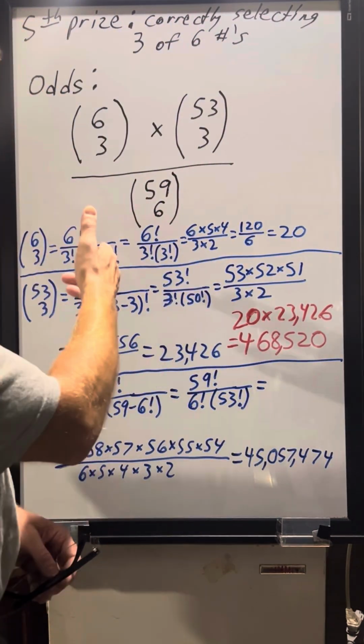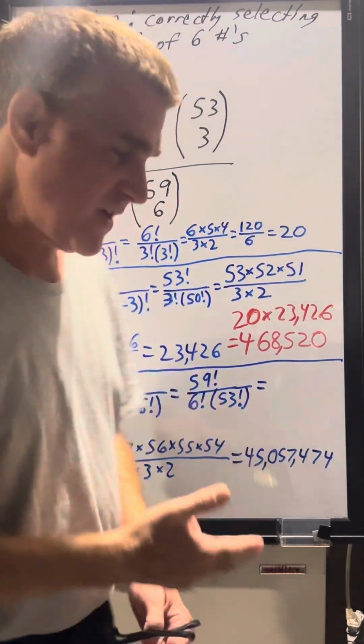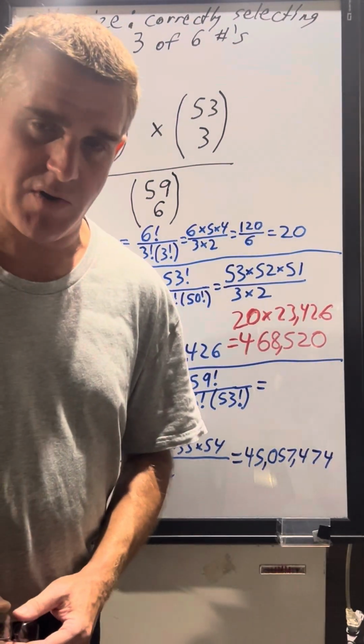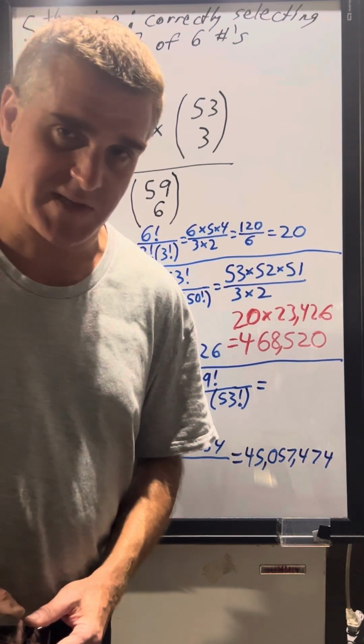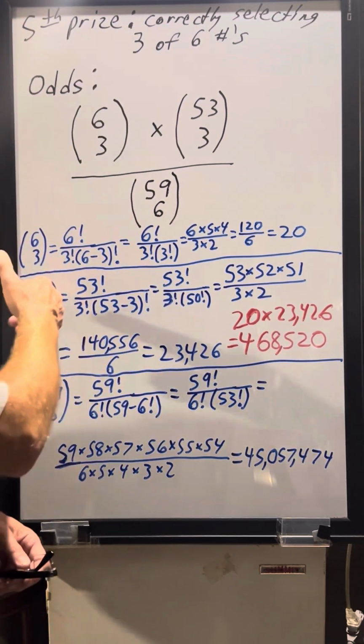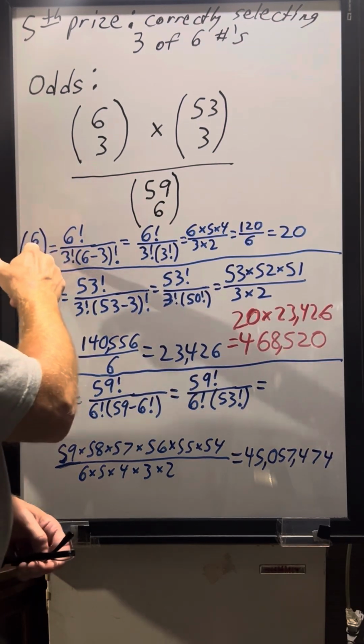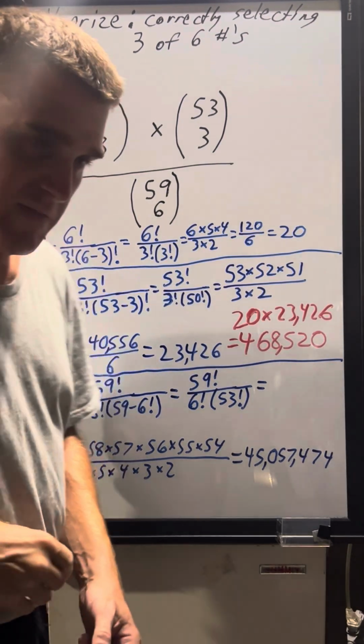Now, we've worked problems like this out in previous videos, so figuring out how many different ways three numbers can be selected from six numbers, the numerator is going to be the top index number factorial.